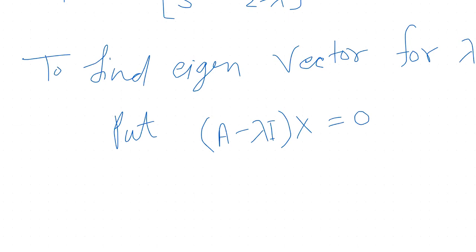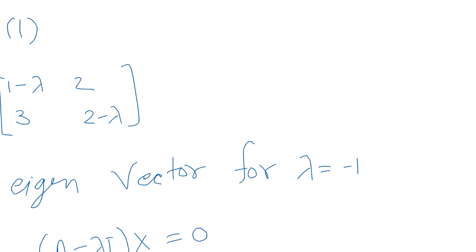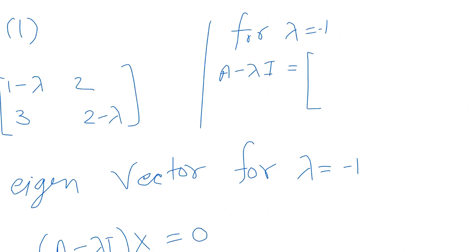So for lambda is equal to -1, let us find A minus lambda into I. In place of lambda, let us put -1. So 1 minus (-1), because 1 minus lambda and lambda is -1. That is why. And 3 and 2 minus lambda.